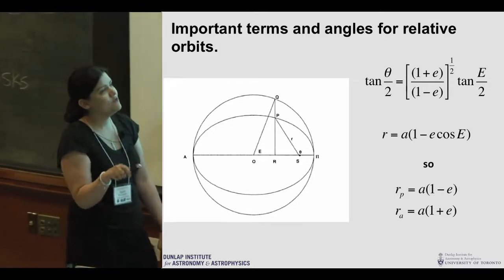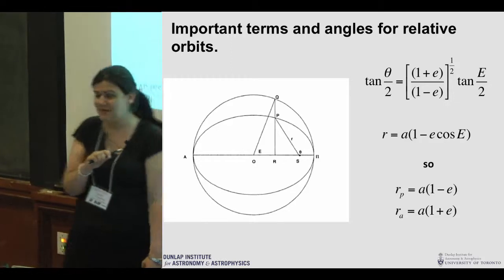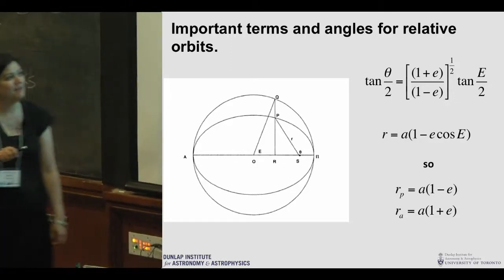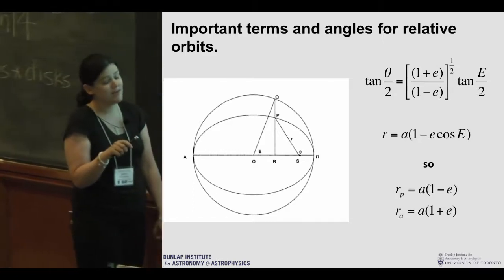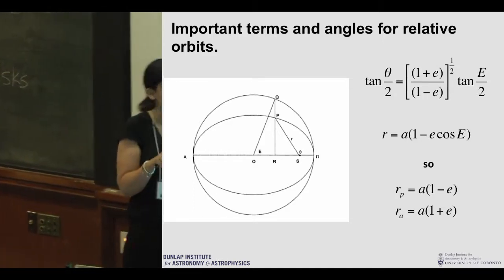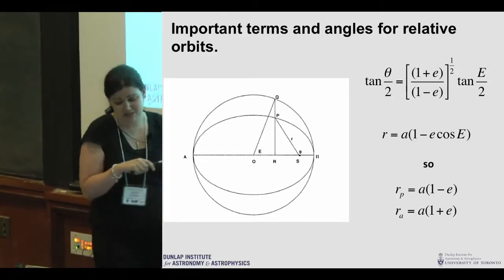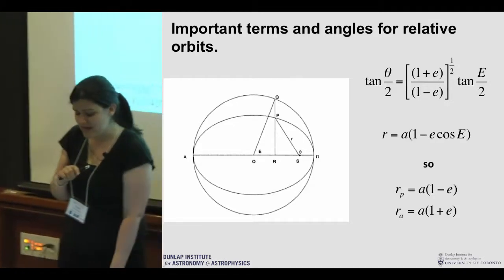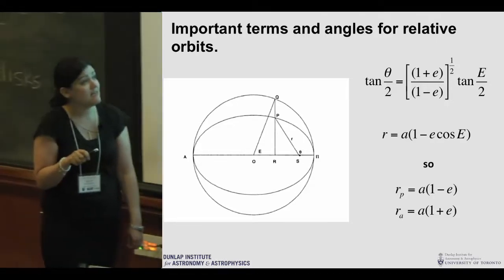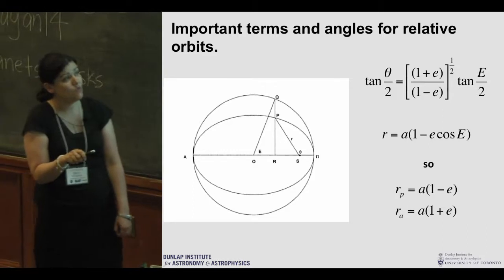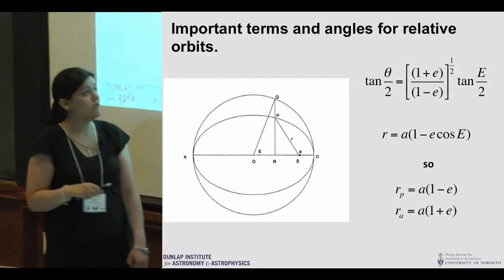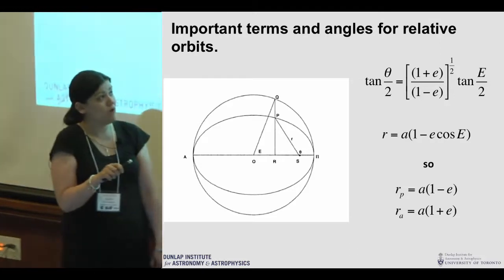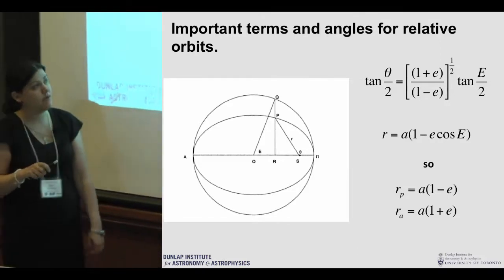And again, I'm skipping over a ton of math, but you can derive an equation for the relative separation between the star and the planet at any given time. It's just defined as the semi-major axis times 1 minus the eccentricity times the cosine of the eccentric anomaly. That's part of the reason why this angle is so nice.